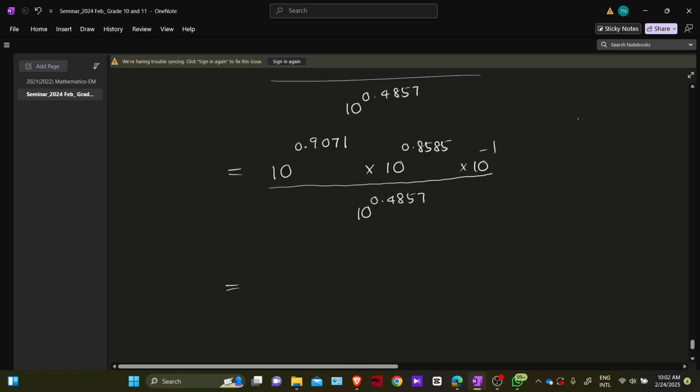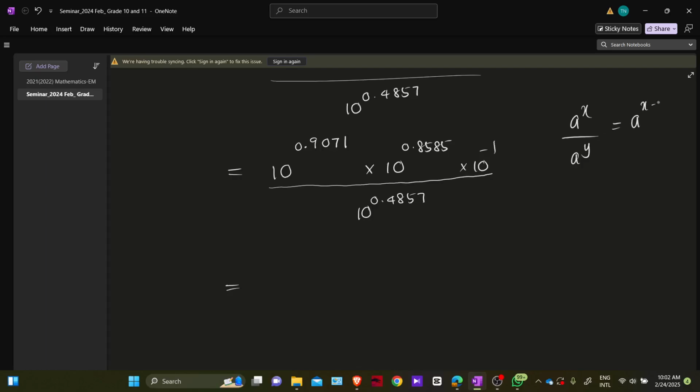Right? When a to the index x over a to the index y can be written as a to the index x minus y. Right? I'm gonna combine these three indices together. You can add them and check the difference from 0.4857.